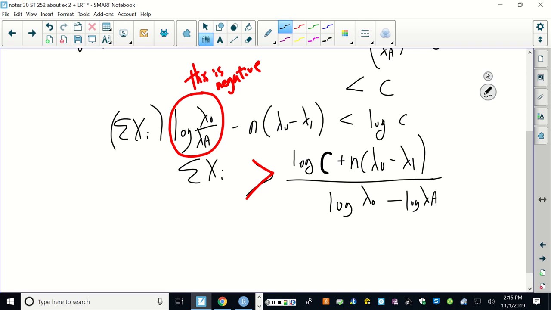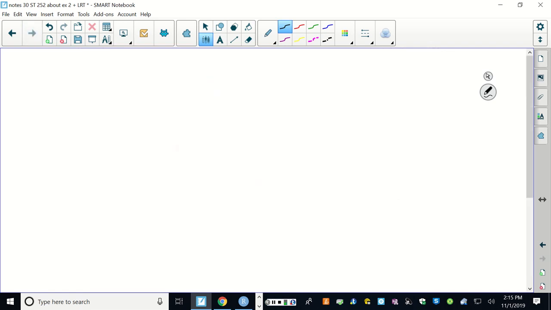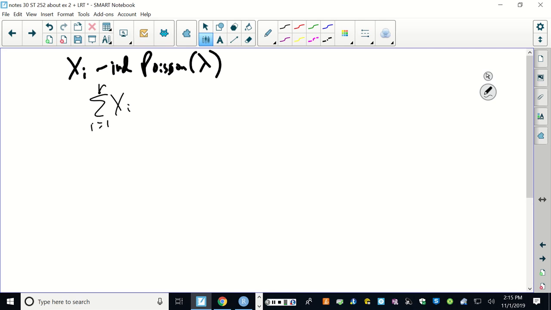So independent Poissons have a nice property. If you add Poissons together, you get another Poisson. So if the xi are independent Poisson lambda random variables, then the sum of xi, i going from 1 to n, is also Poisson, but now with rate n lambda.